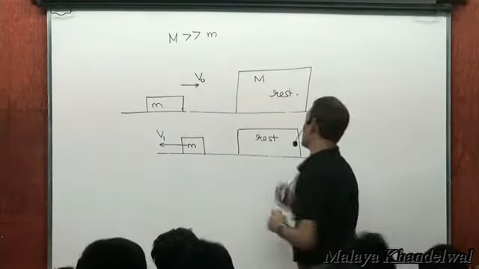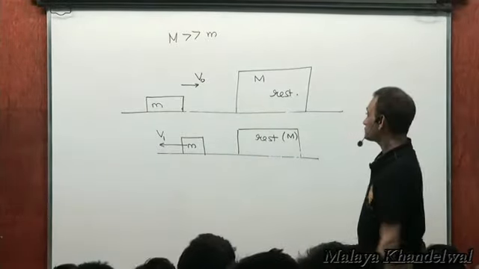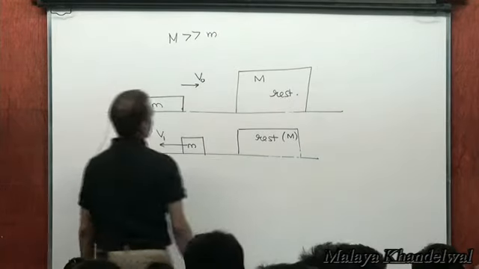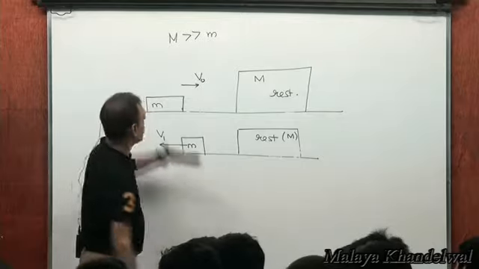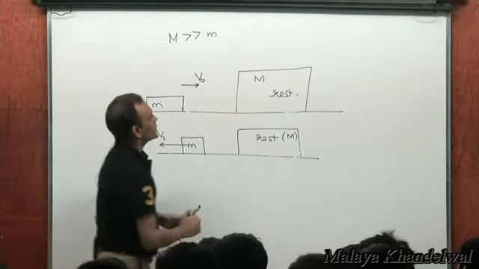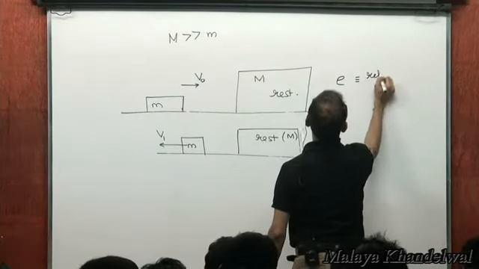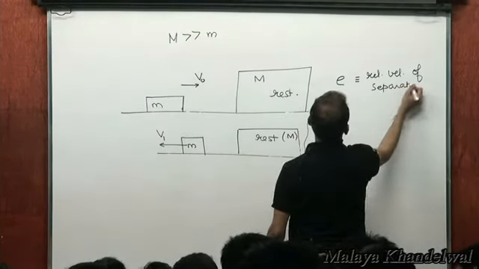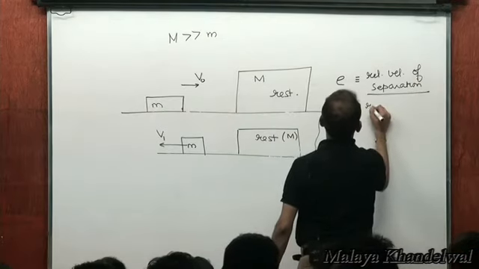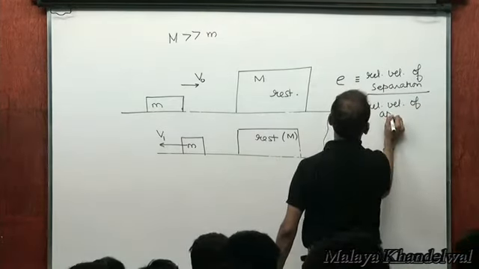Now, when one of them is really massive, capital M, if someone gave you v naught and v1 and said compute the coefficient of restitution for this collision, then realize that to calculate the coefficient of restitution, I'll take the relative velocity of separation divided by the relative velocity of approach, both along the common normal.